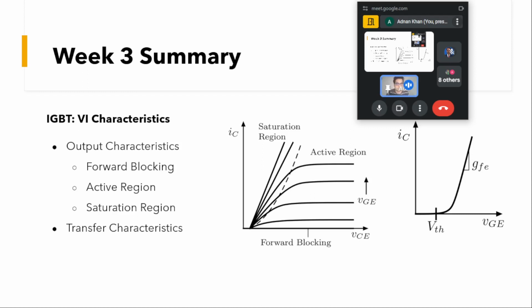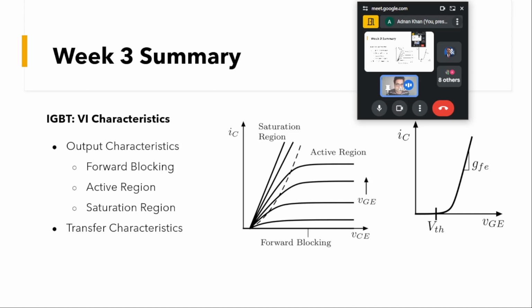Also you can see in the saturation region our device is able to handle a very high amount of current, and this current will be determined by the output circuitry of these IGBTs. These are switches, and the amount of current that will flow through will be limited by the external circuitry.